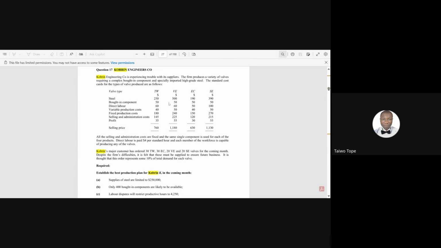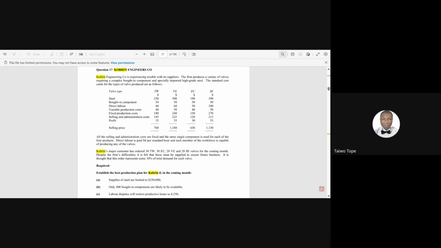You should be able to interpret a question in this light. So bought-in component is an item that is used. It is constant for whichever product you want to produce. You can see you are incurring $50 for TW, $50 for VE, for EC $50, for SE $50.